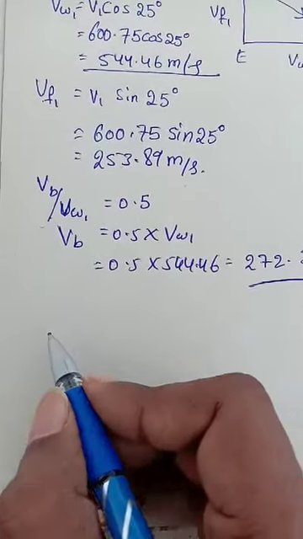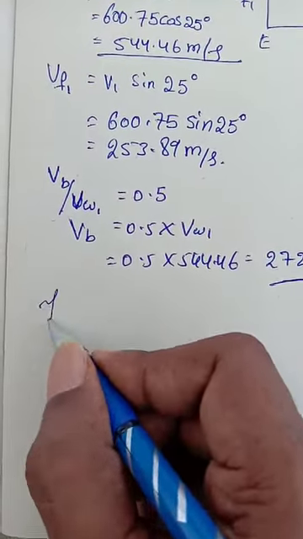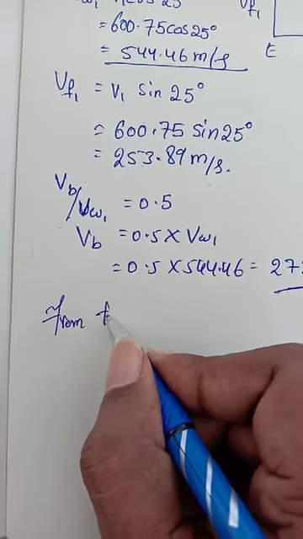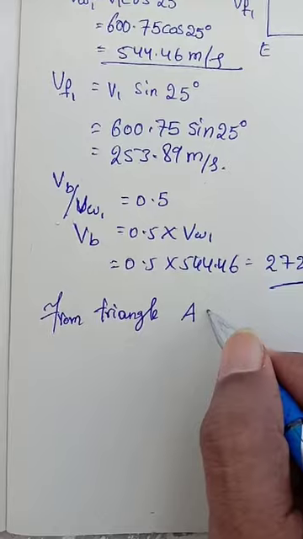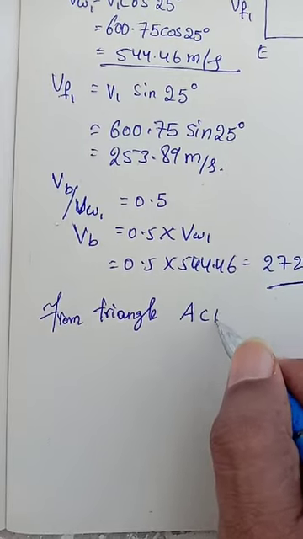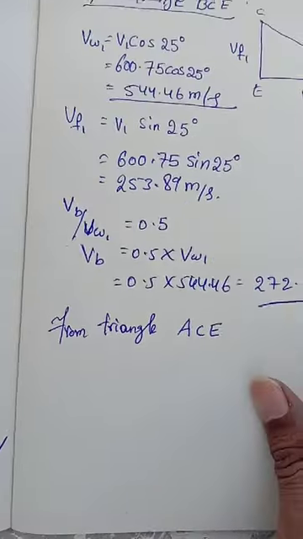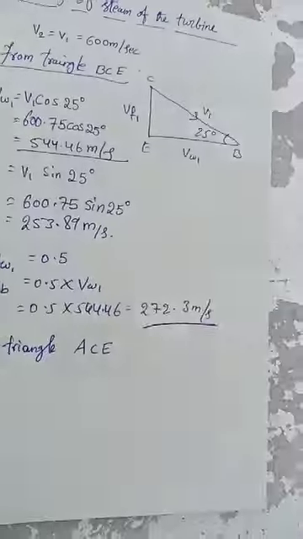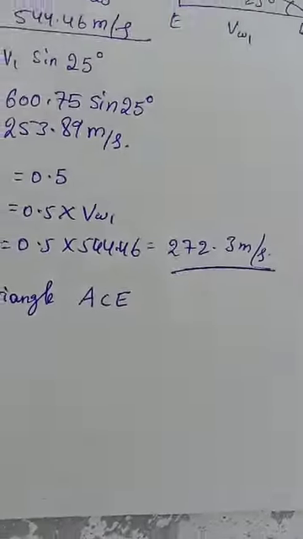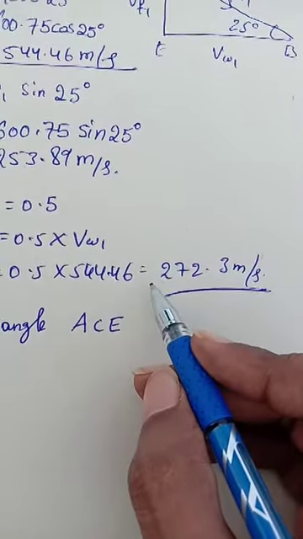Okay, and now we are going to from triangle ACE, from triangle ACE.